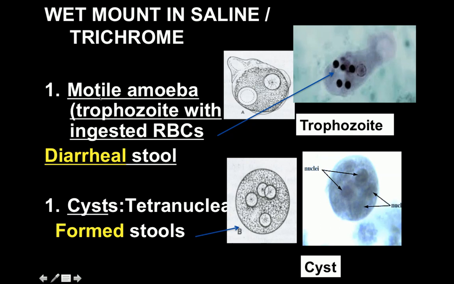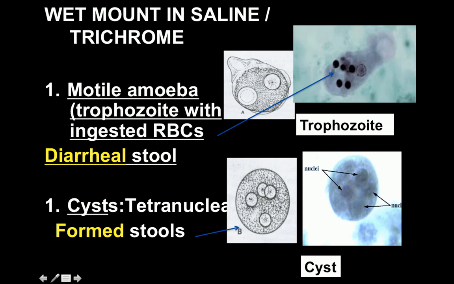Here is a motile amoeba with pseudopodia, which show that they are motile, and these trophozoites have ingested RBCs. This is the nucleus on an unstained slide, and here you can see the RBCs, whereas in this stained slide this is the nucleus with the central karyosome, and these are the RBCs. Cysts are tetranucleated.